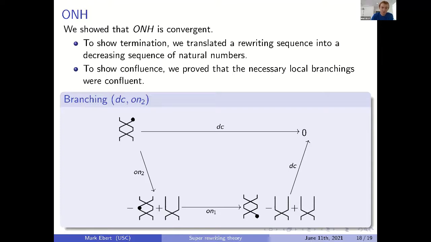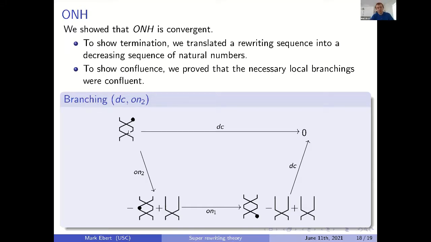The domains, the sources of DC and ON2, overlap. The branchings we need to check are overlapping branchings, where the rewriting sequences are just one rewriting step.